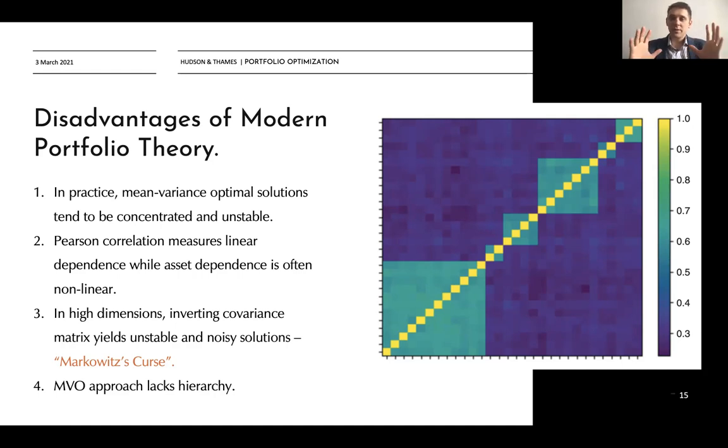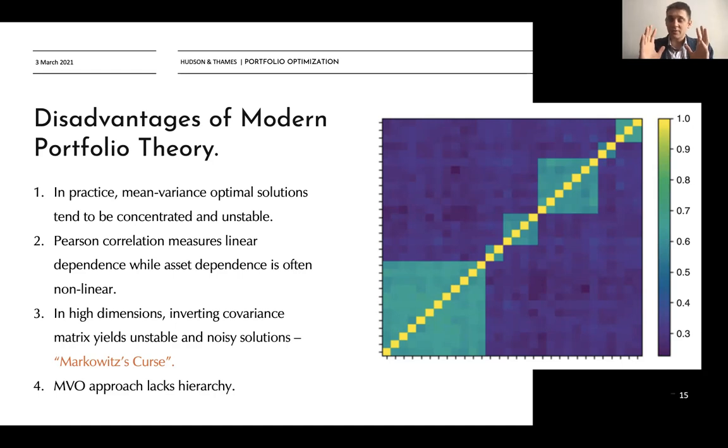So actually, all the problems of modern portfolio theory are connected with the Markowitz curse, because we use a few data points to measure the information of dependence between many assets, in high dimensions like 500 or 1,000 assets.